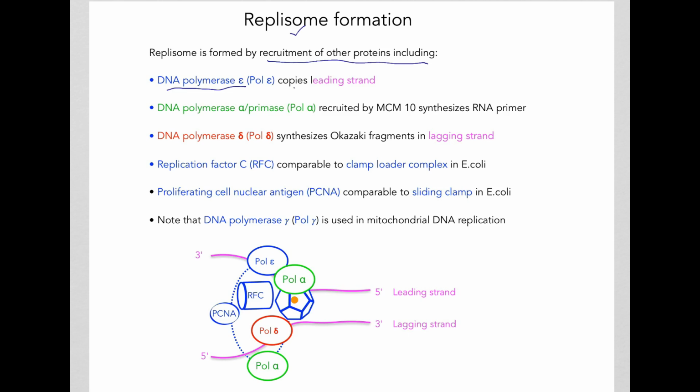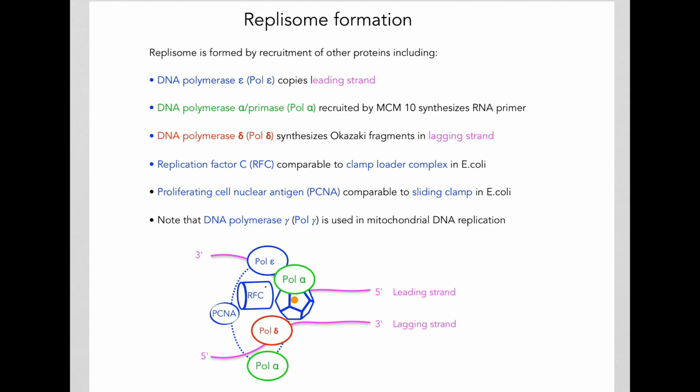This protein copies the leading strand, that's this protein here. Then we have DNA polymerase alpha, which is the primase or Pol alpha. This will synthesize RNA. So here is our Pol alpha. DNA polymerase delta or Pol delta, here is Pol delta. That's the one responsible for synthesizing Okazaki fragments on the lagging strand.